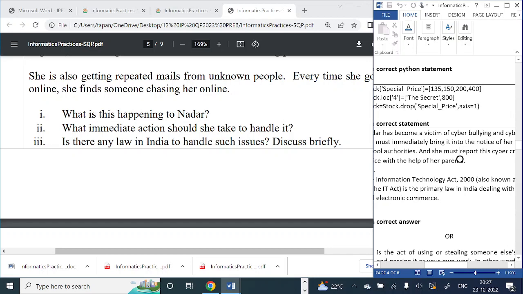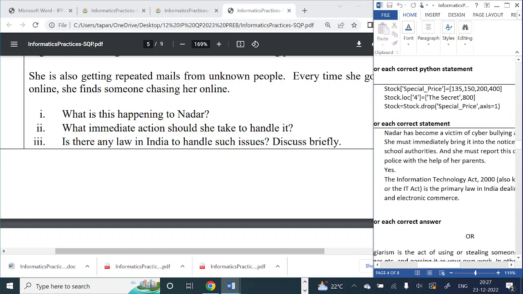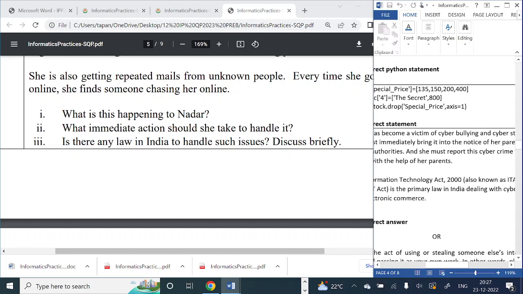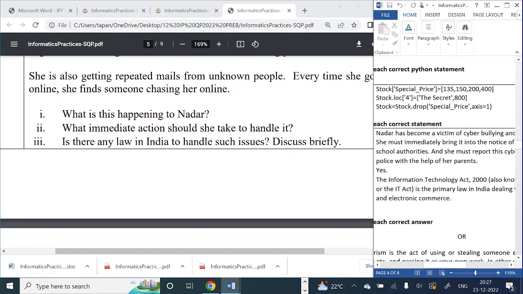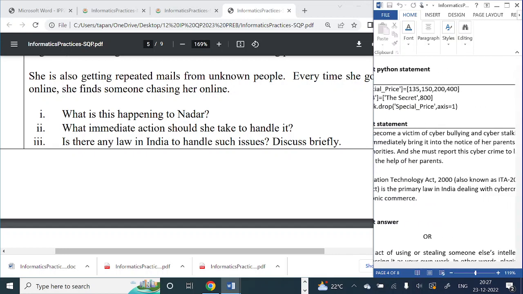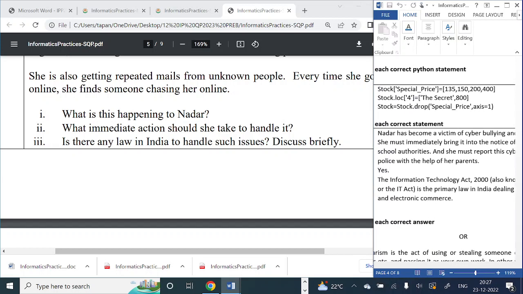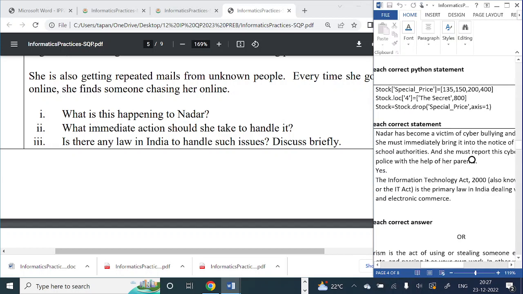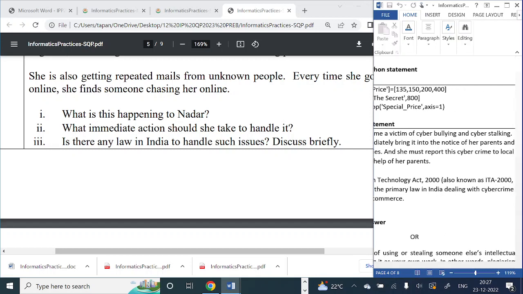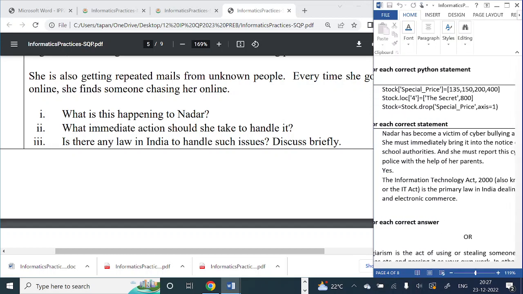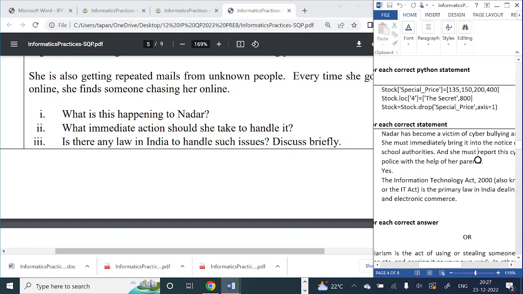This is your answer. Here, Nadar has become a victim of cyberbullying and cyber stalking. She must immediately bring it to the notice of her parents. First she should inform her parents and her school authorities, and she must report this cybercrime to the local police with the help of her parents.